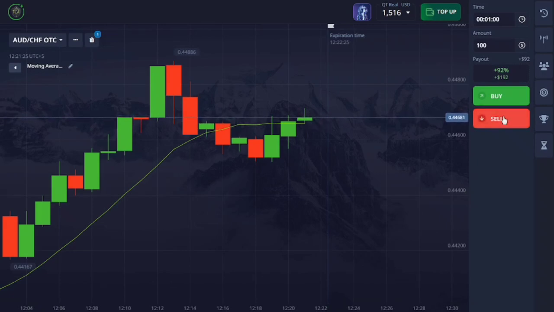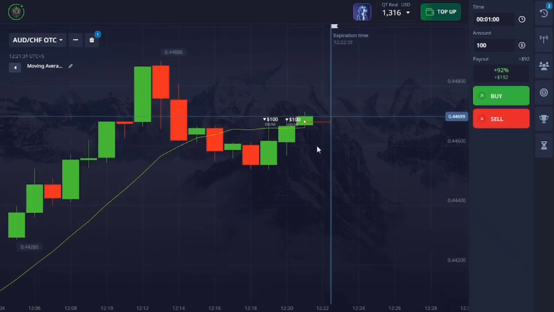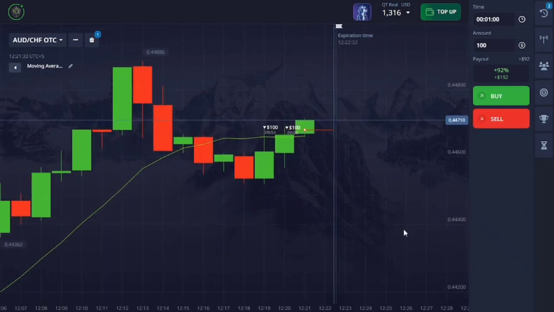After waiting a little, I have placed a trade of $200 in the down direction. And I have placed this trade a little early.